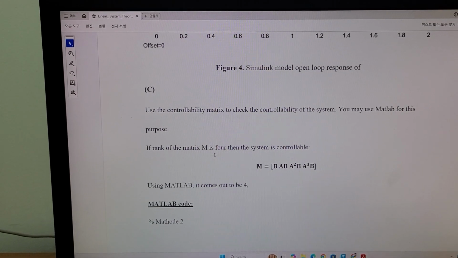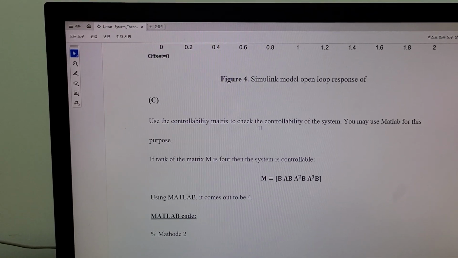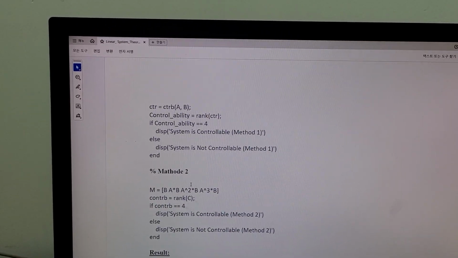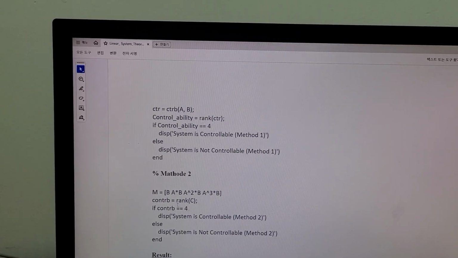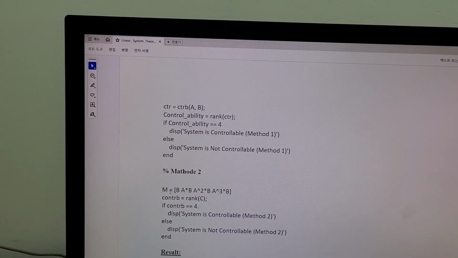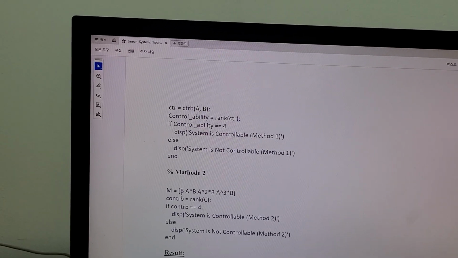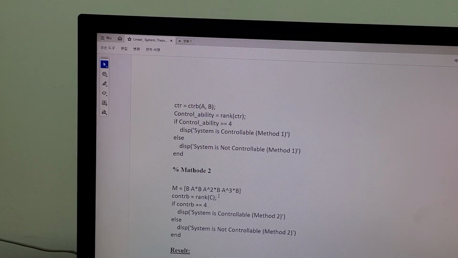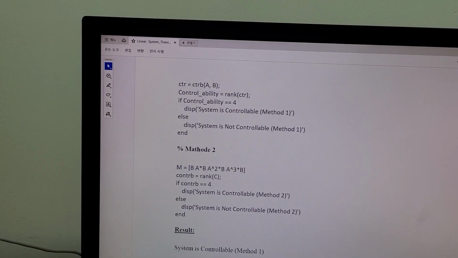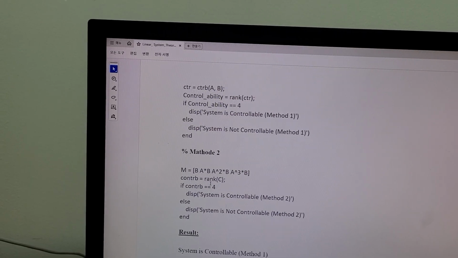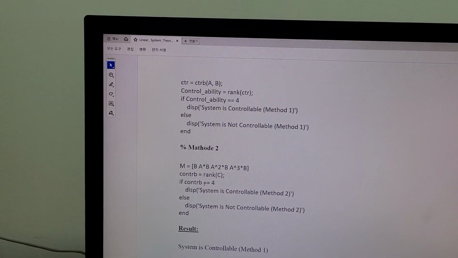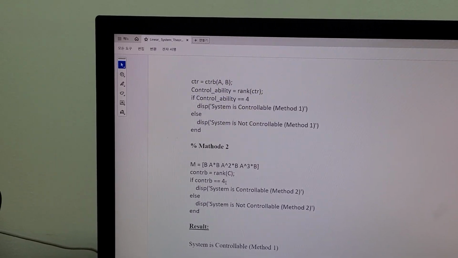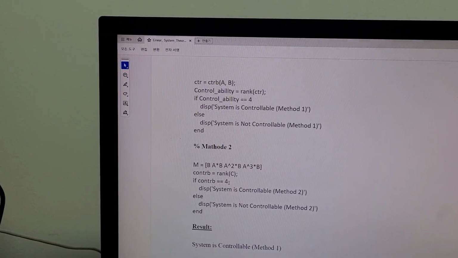Similarly, in part C, it is asked to use the controllability matrix to check the controllability of the system. We have the controllability matrix, which is equal to B, AB, A squared B, and A cubed B. If the rank of this matrix is equal to the full rank, the system will be controllable.